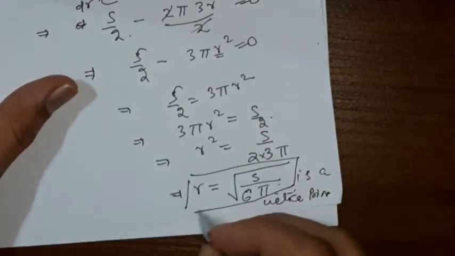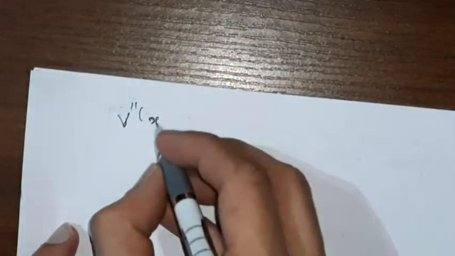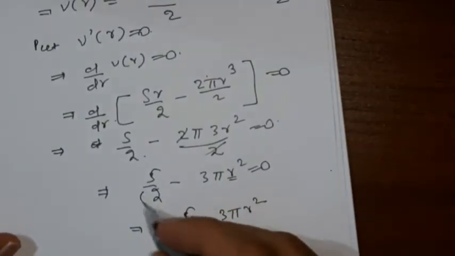Now we have to find the double derivative of V, that is V double prime of r.